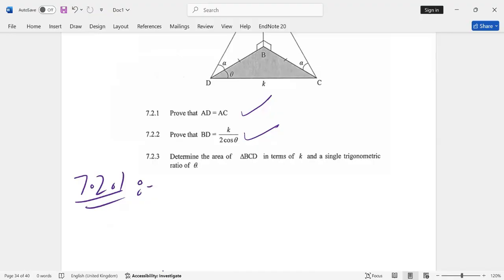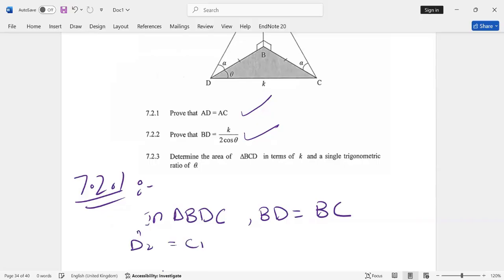So in the triangle BDC, we say that BD equals BC, and that leads to D2 equals C1, angles opposite equal sides.